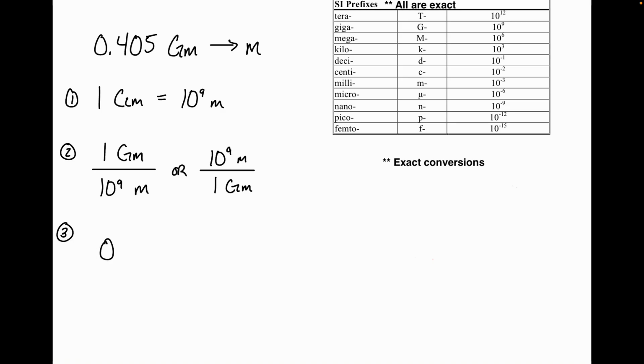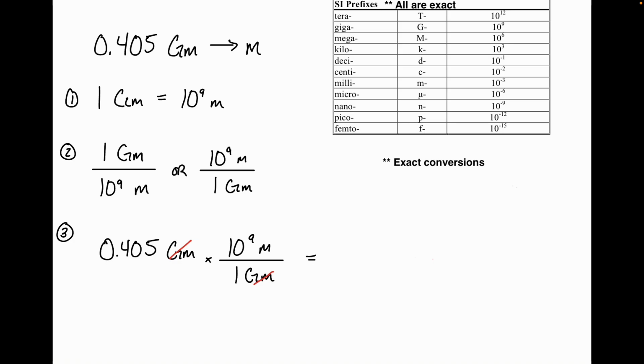I'm going to take my original value, my 0.405 gigameters. I'm going to multiply it by one of these two conversion factors. All right, I'm going to pick this one on the right-hand side here because that will put gigameters on the bottom. And I can tell this is set up correctly because my gigameters cancel out and leave me with units of meters.